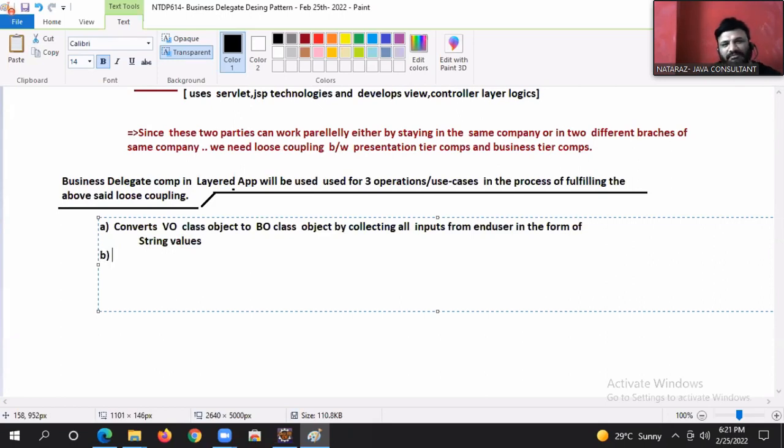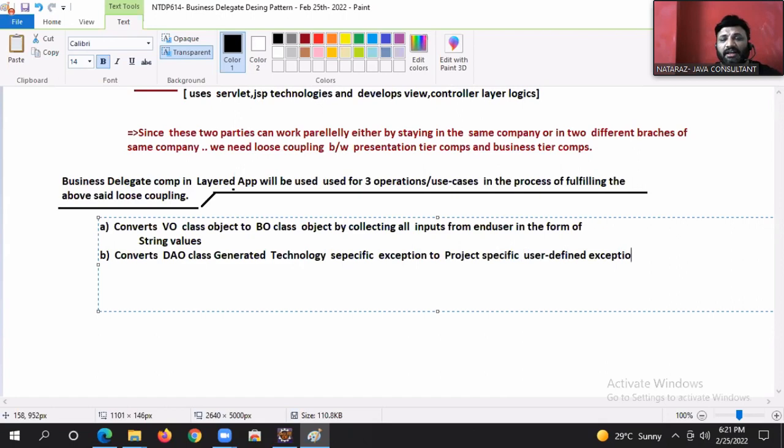Next, number two, guys. Converts DAO class generated technology specific exception to project specific user defined exception.